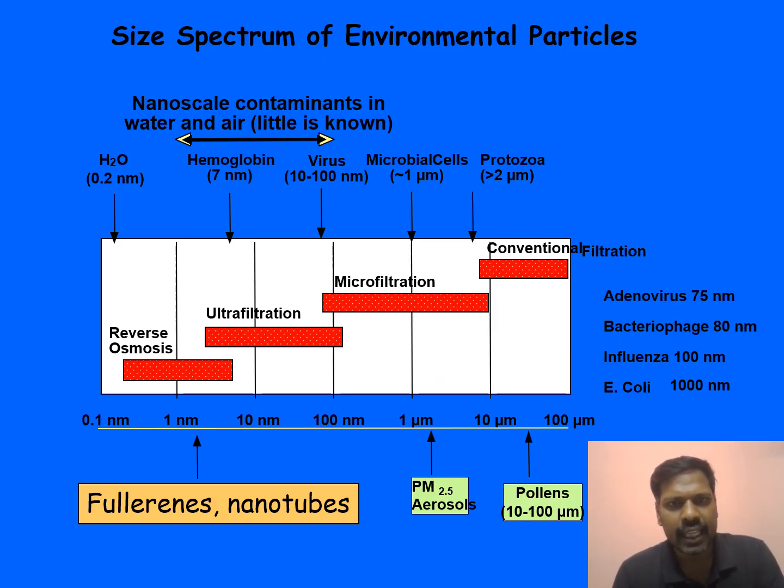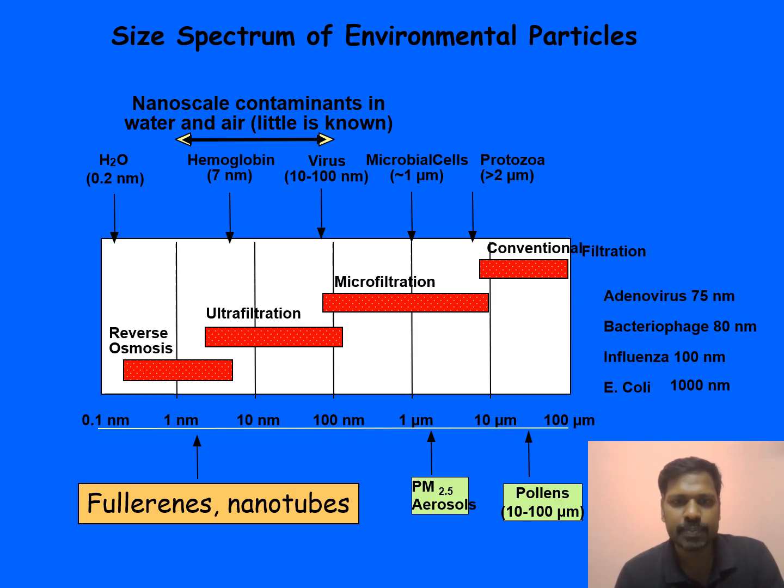Next slide. Size spectrum of elemental particles. This slide explains how small the nanometer size is. As you can see, the hair is about 100 micrometers, so compared to the hair, the nanometer is very small.